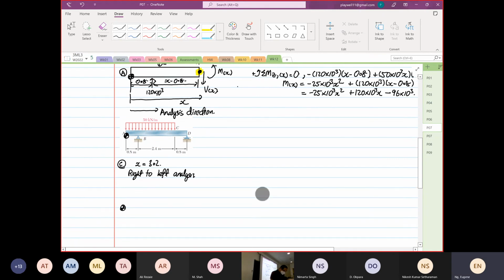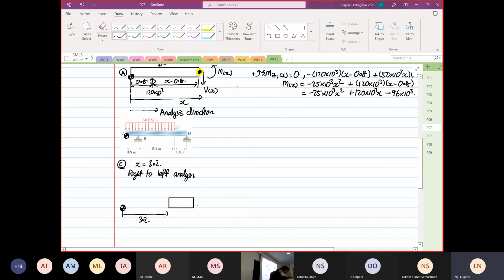Datum still on the left hand side. Now the distance from here to here we fix at what? 3.2. Right? That is our slider 3.2. So now we are going to draw, right?